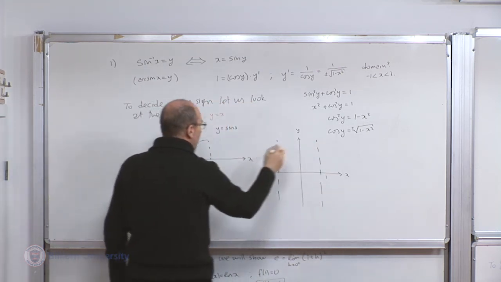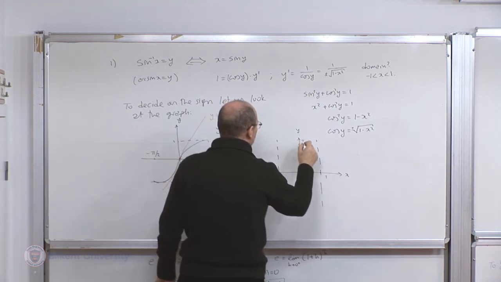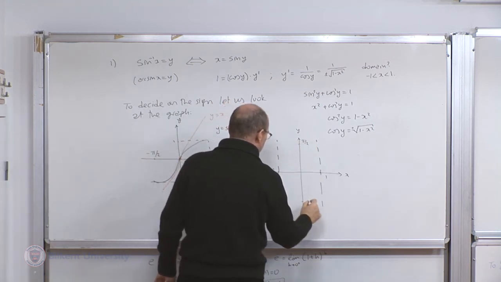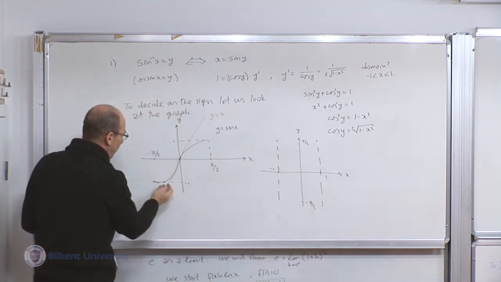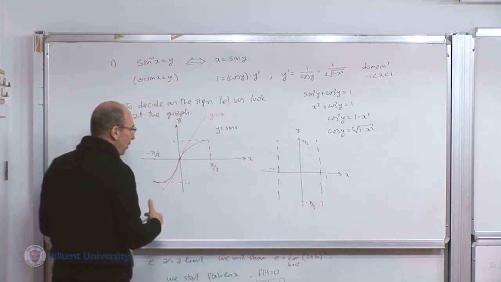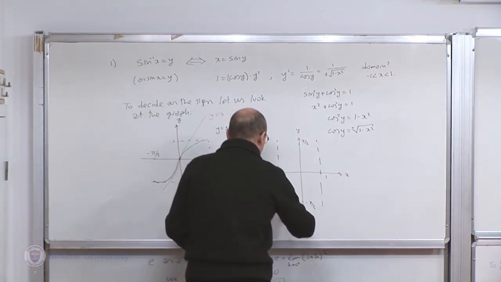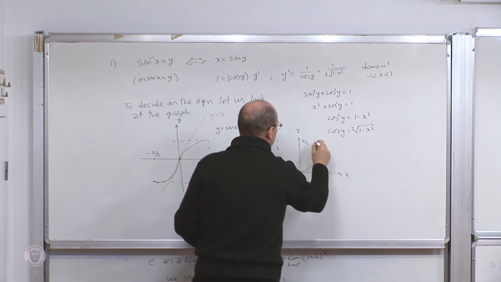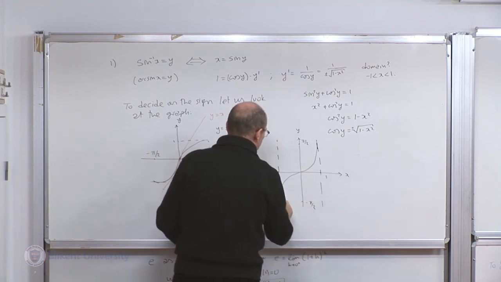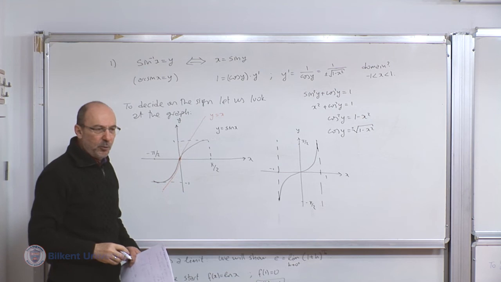So this part will become pi over 2, and here I have minus pi over 2. When I reflect it over here, you see it will be horizontal, perpendicular. It will be like this. And here also the tangents at these points are perpendicular.